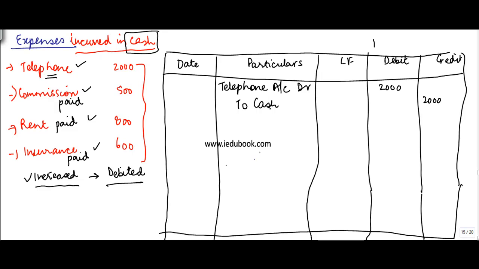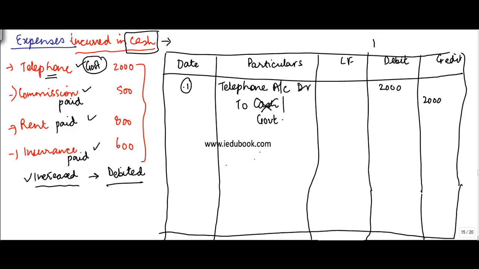If suppose instead of cash, this would have been, let's say, telephone payable to government. So then what would have happened? There was no cash account which was there, but you would have a liability in the favor of government. There is an increase in the liability, and an increase in liability is credited. So you would have said to government account.